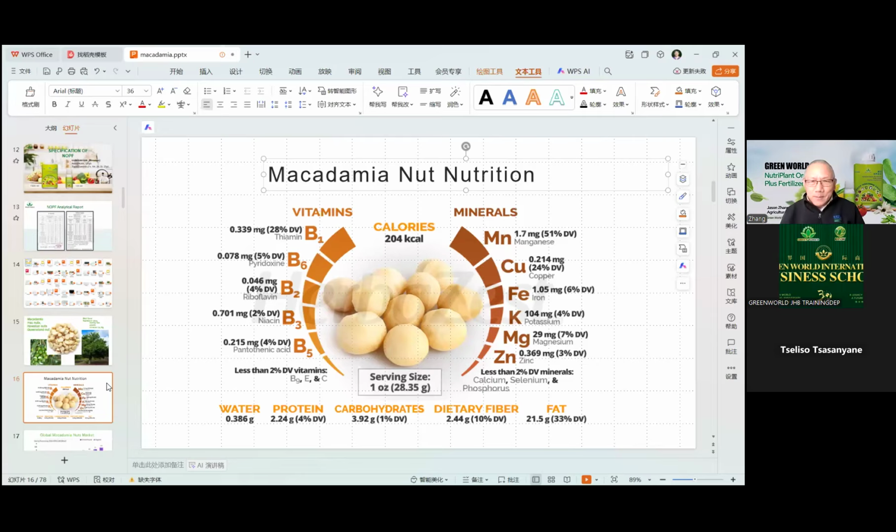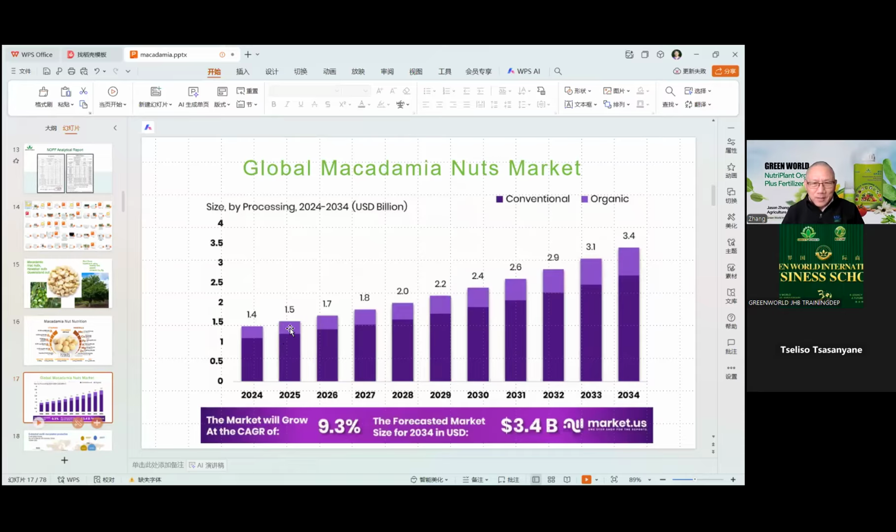This is the market. A lot of potential there. This is 2025, $1.5 billion internationally. They will increase about 10% every year.